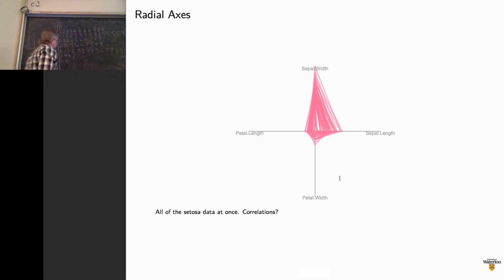If you imagine just 2 of these axes, high with low, that's sort of a perfect negative correlation. So you'd see this kind of curvature. High with high, positive correlation.